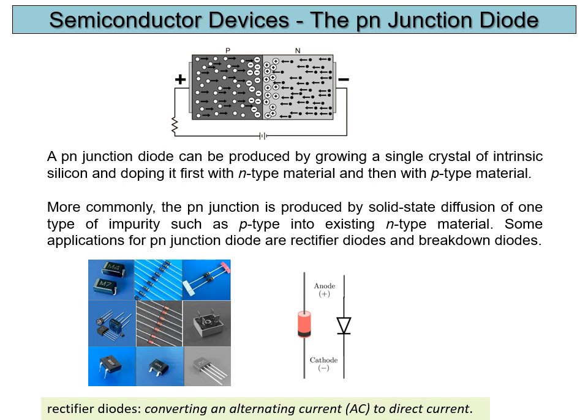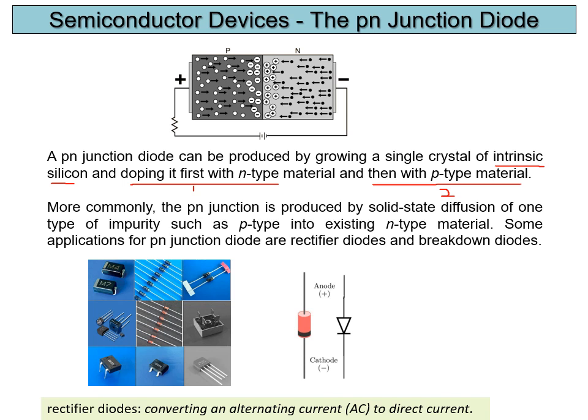Semiconductor devices: the p-n junction diode. A p-n junction diode can be produced by growing a single crystal of intrinsic silicon and doping it with N-type material first, and then the next step is to dope with P-type material.